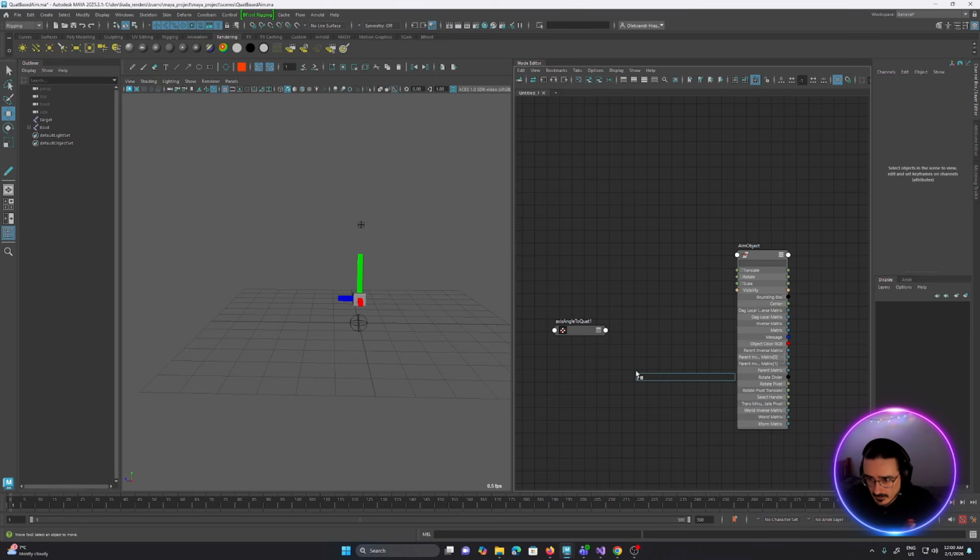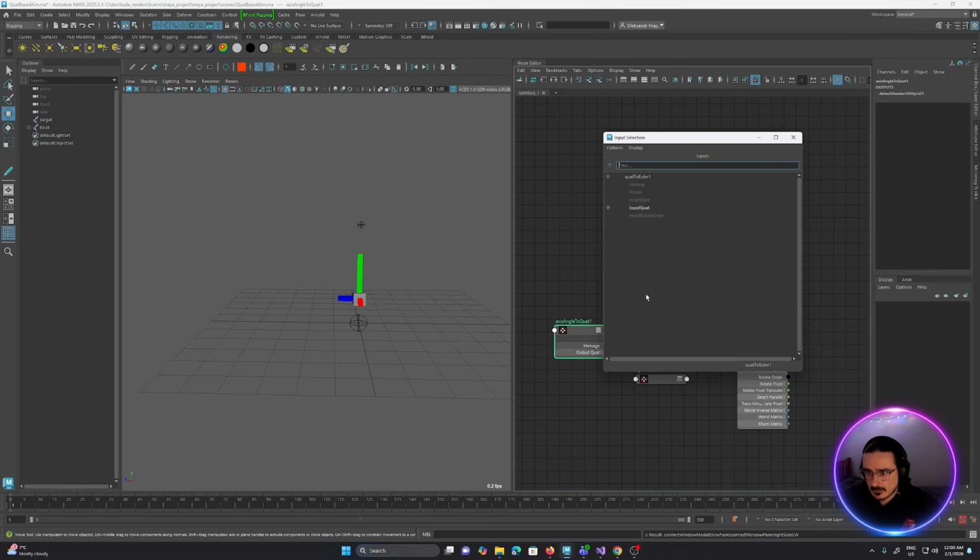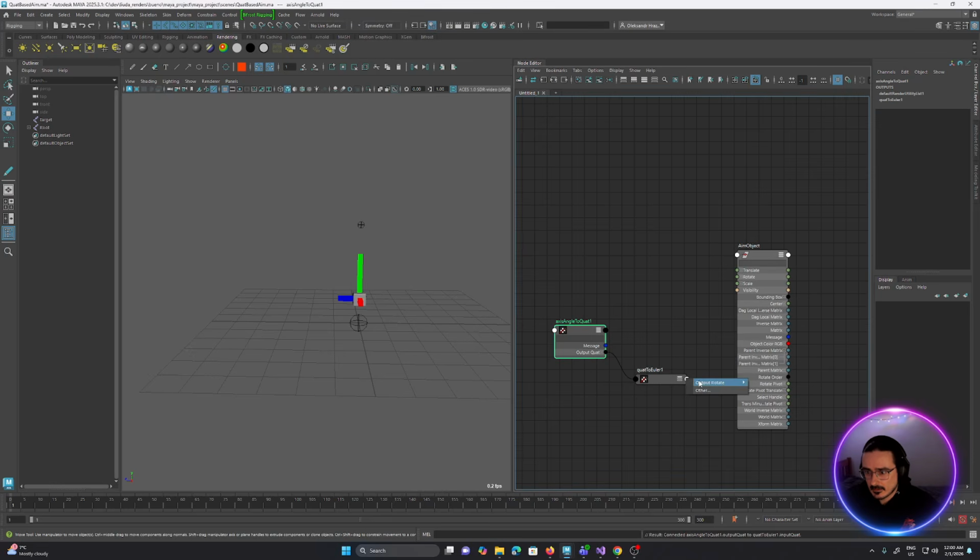And to plug it, I need to convert my quaternion into the Euler angles. So we would use quaternion to Euler, connect it, and plug it into the rotation.